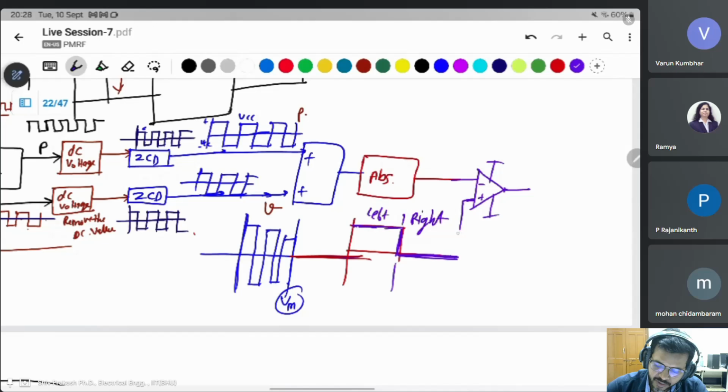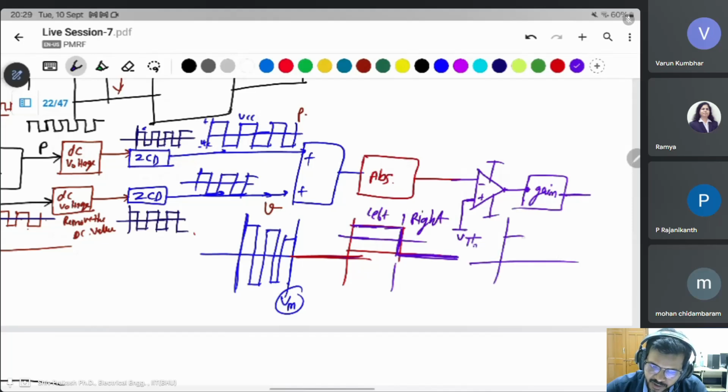This will be compared to the terminal voltage. If this voltage is more than this one, then the output will be positive. Same thing, multiplication of gain. After that you can use a PWM. PWM can be used directly because these are pulses.